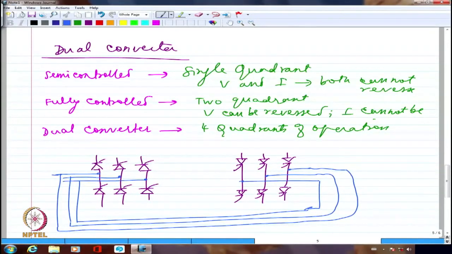So the three-phase supply is the same for both of them. One is in the forward direction, the other in the reverse direction. I'm going to have a load connected here. Let me show it as a DC motor.